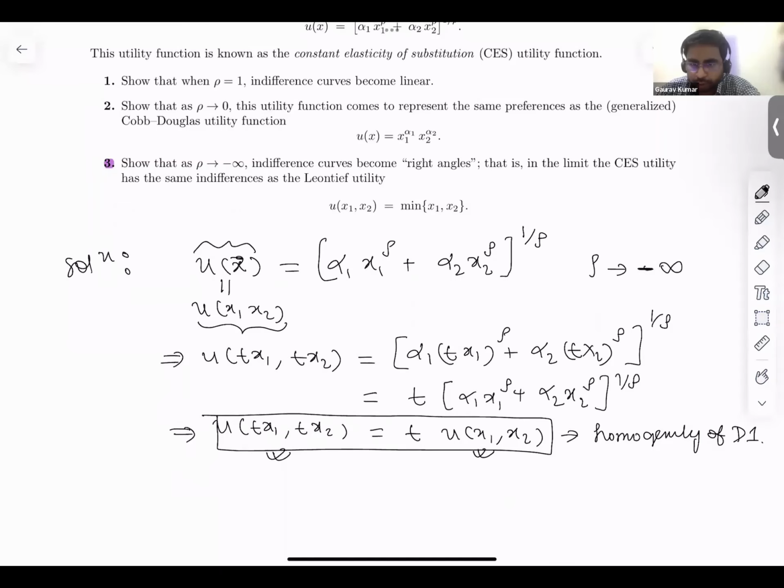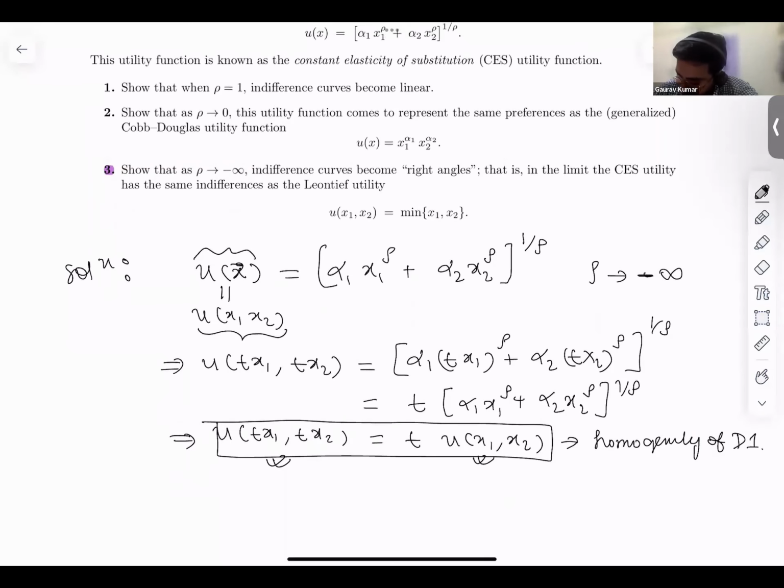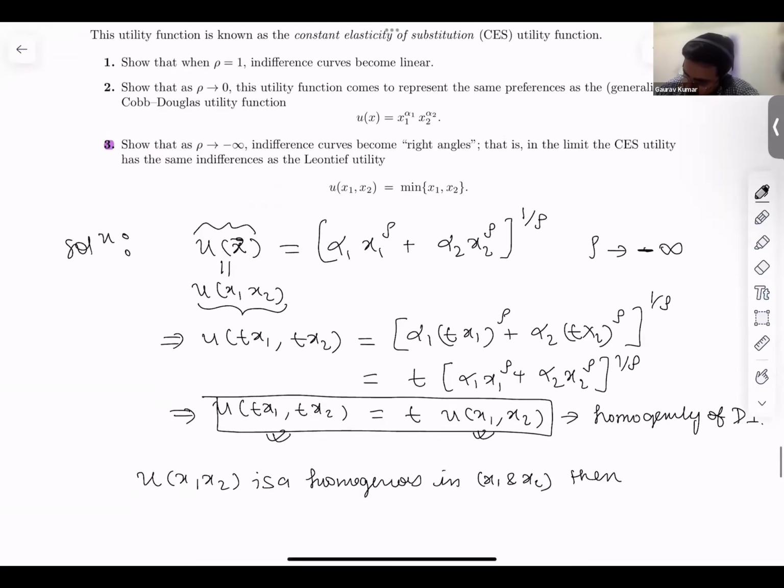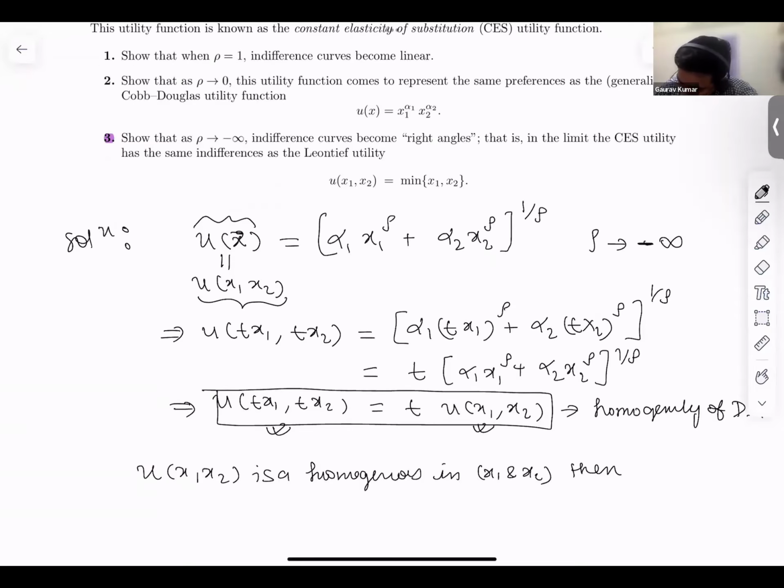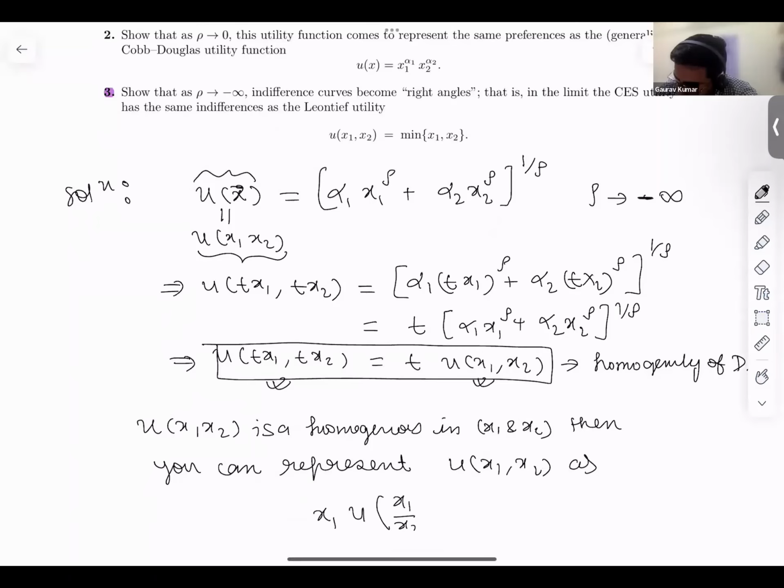There is a property of homogeneous functions which says that if u of x1 comma x2 is a homogeneous function in x1 and x2, then you can represent u of x1 comma x2 as x2 times u of x1 by x2 comma 1.